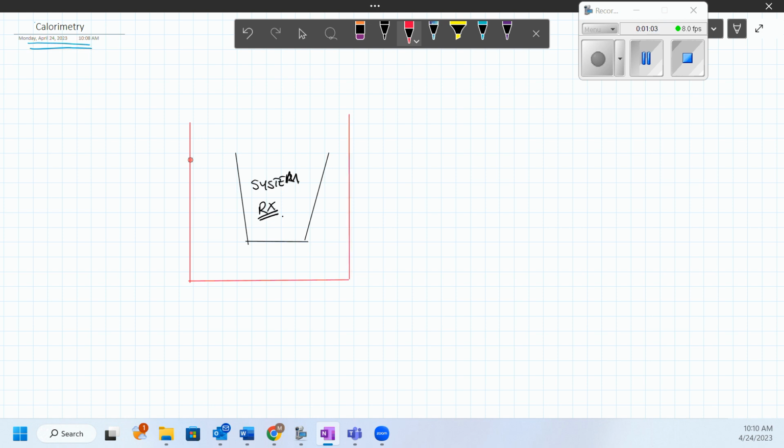So here we have water surrounding. Then we have some type of insulation here. So this is closed, and then we have a thermometer that we are adding here.